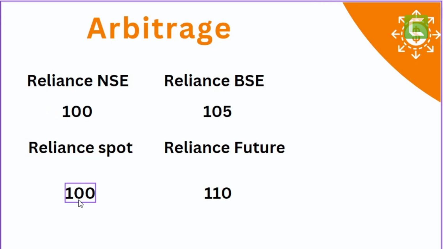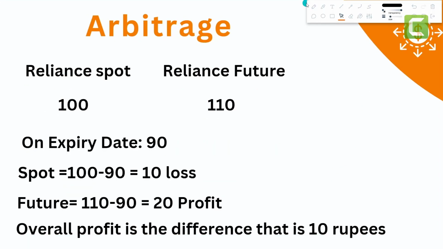Let's say Reliance spot is at 100. Again, I am taking these prices only for easy calculation. As you all know, Reliance is trading at 2434, but for an easy example I am taking this. Reliance spot is at 100 rupees and Reliance future is at 110.